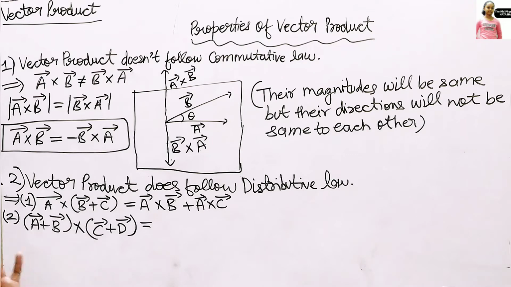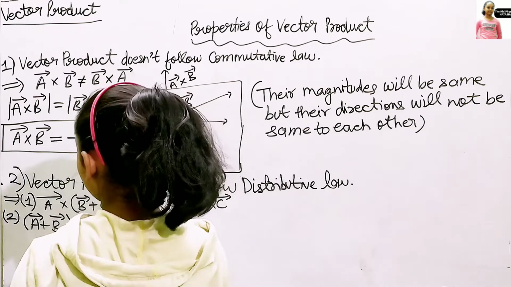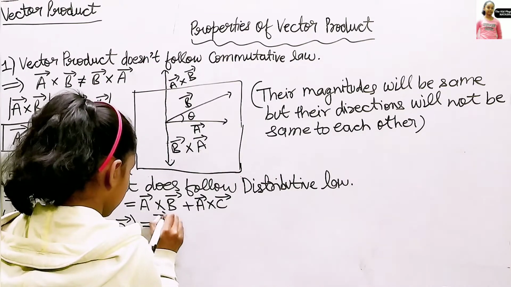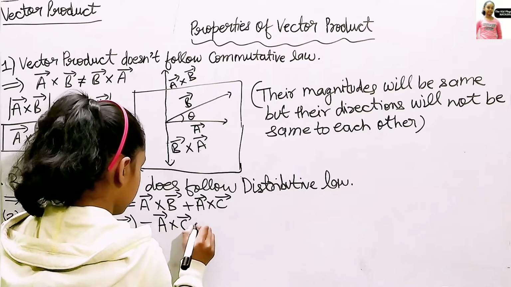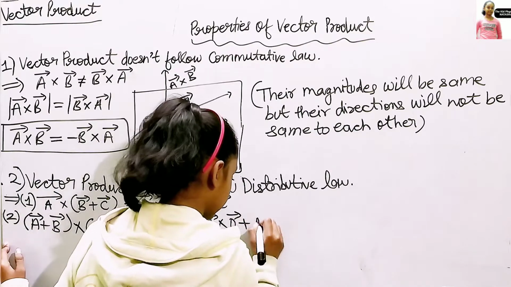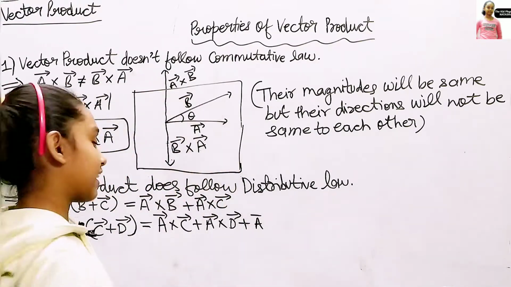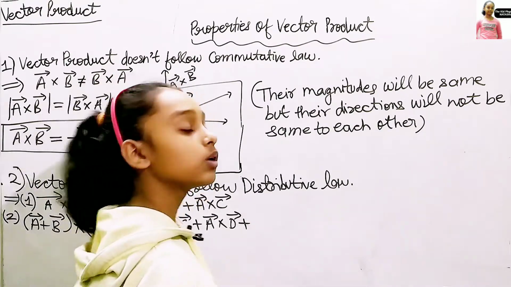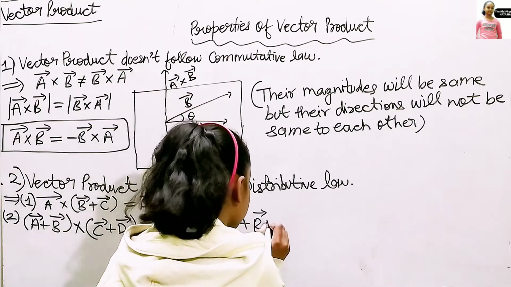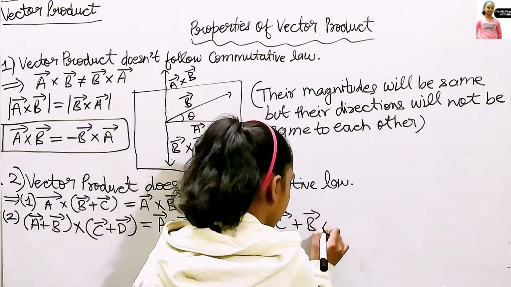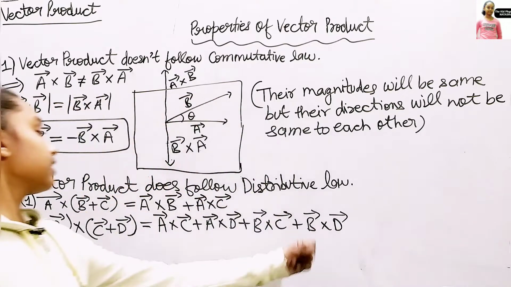Got it? Now I hope you all have understood. So vector A first with C: vector A cross C plus vector A cross D. Now vector A is finished, so we are going to put vector B: vector B cross C plus vector B cross vector D. See?